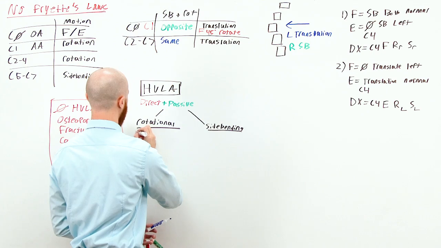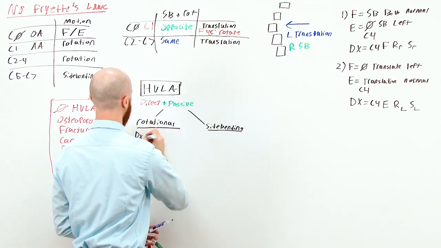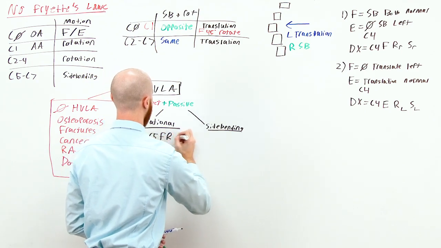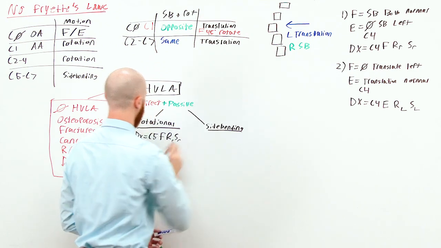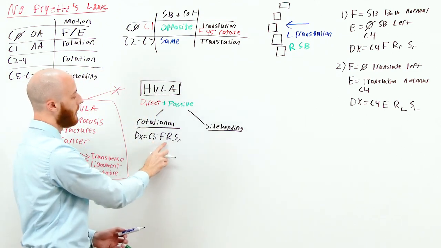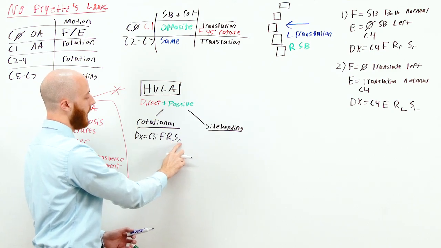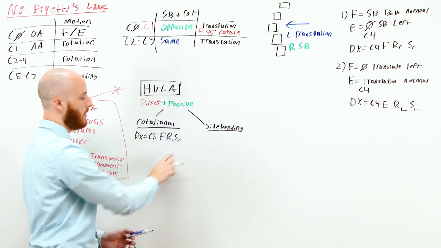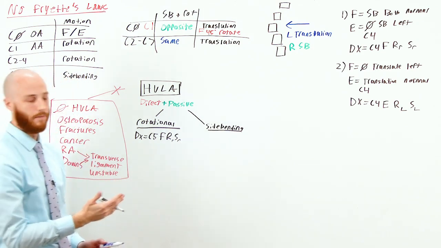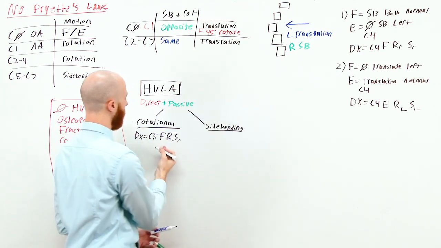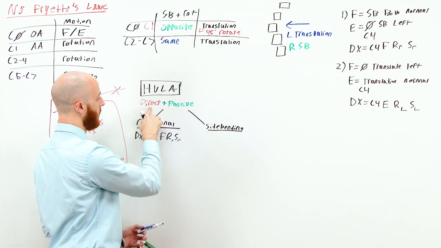So let's say that you have a diagnosis of C5 FRS right. So I'm saying that C5 can flex, can rotate to the right, and can side bend to the right. So how am I going to set this up for treatment? So what I'm going to do is I'm going to put the patient into the barrier because it's a direct treatment.